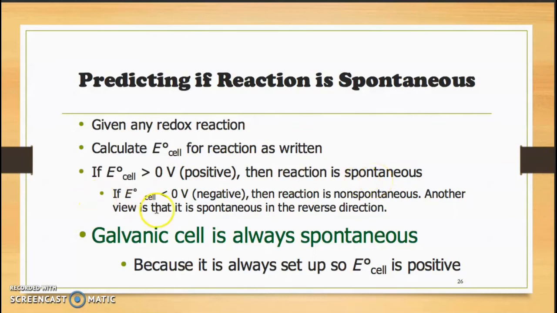If the standard cell potential is less than 0 volt, which is negative, then the reaction is non-spontaneous. Another view is that it is spontaneous in the reverse direction. A galvanic cell is always spontaneous because it is always set up so the standard cell potential is positive.